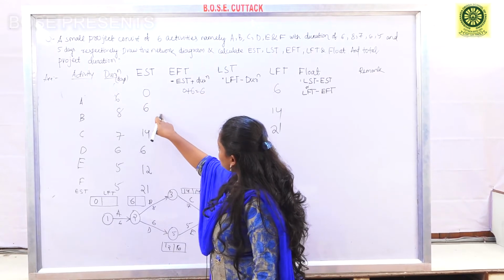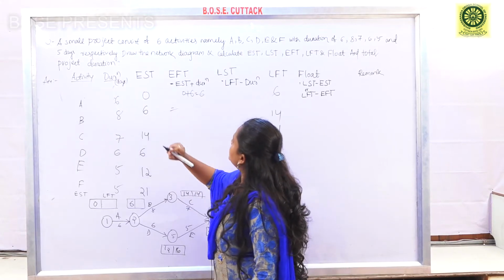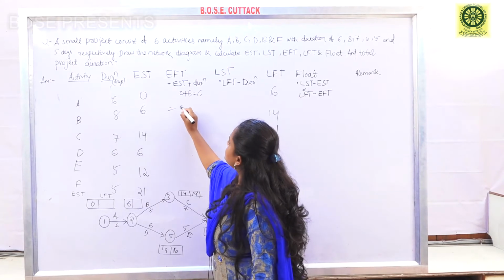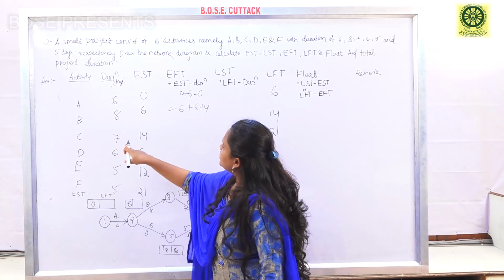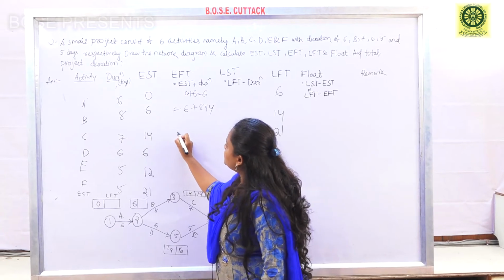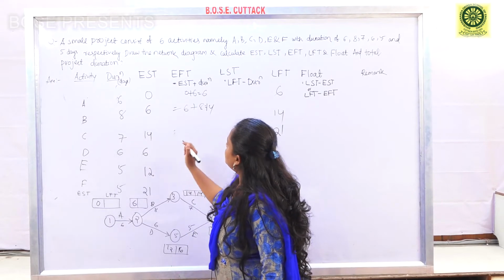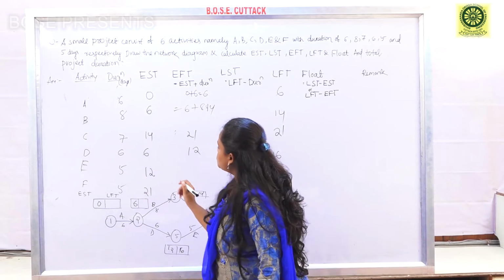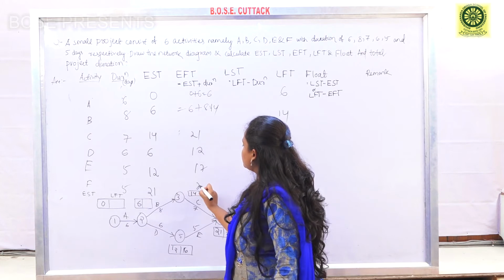Then for activity B, the EST of activity B is 6 plus duration 8, that is 14. Then for C, D, E and F, similarly the EFTs will be calculated like this: 7 plus 14, 21; 6 plus 6, 12; then 5 plus 12, 17; then for F, 26.